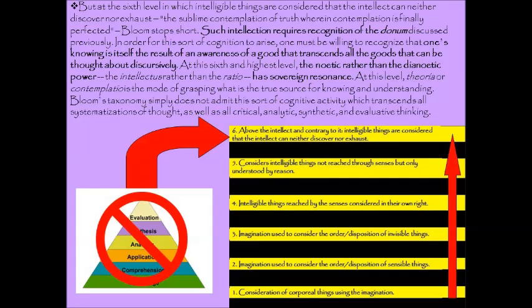At this sixth and highest level, the noetic rather than the dianoetic power, the intellectus rather than the ratio, has sovereign resonance. At this level, theoria, or contemplatio, is the mode of grasping what is the true source for knowing and understanding. Bloom's taxonomy simply doesn't admit this sort of cognitive activity, which transcends all systematizations of thought, as well as all critical, analytic, synthetic, and evaluative thinking. Okay?